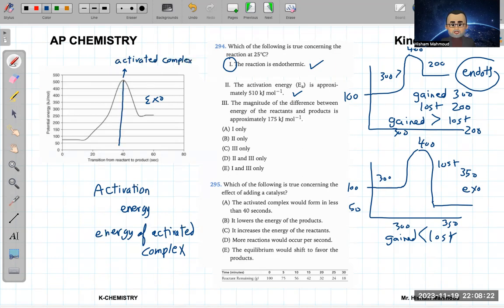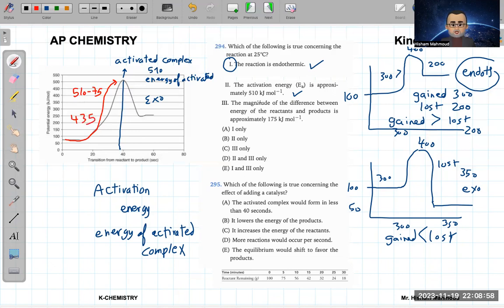This is the energy of the activated complex from 0 into 510, equal to 510. It's called the energy of the activated complex. But what is the activation energy? This is when you are going from the reactant to the activated complex. So it's 510 minus 75 equal to how much? 435. So it's not correct, it's wrong.